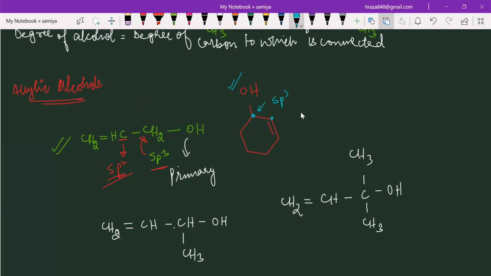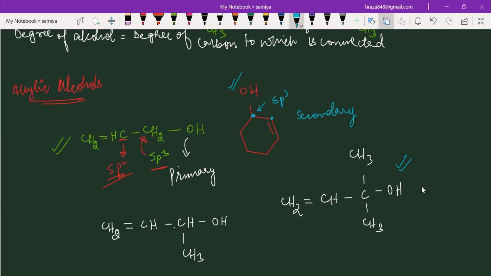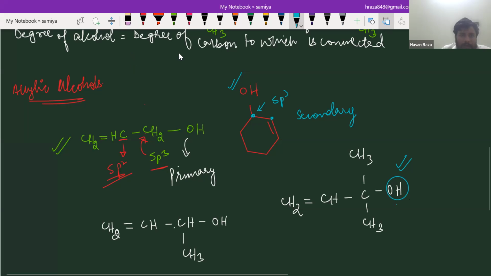Secondary. Madhya, can you tell me which degree this alcohol is? Is this secondary?